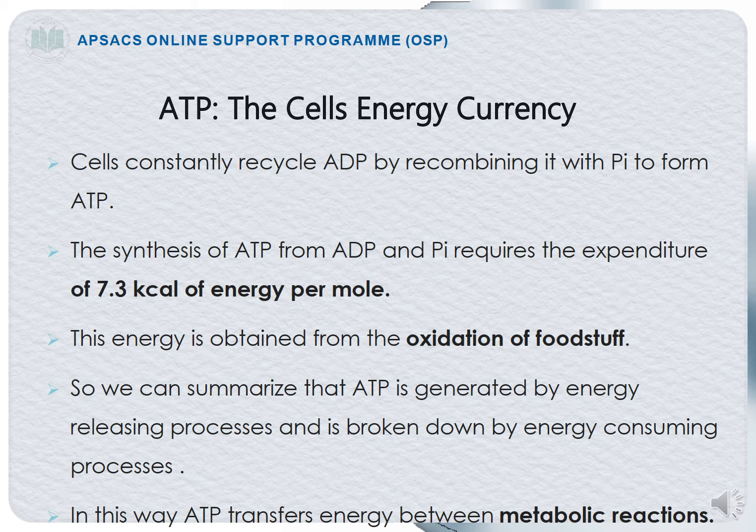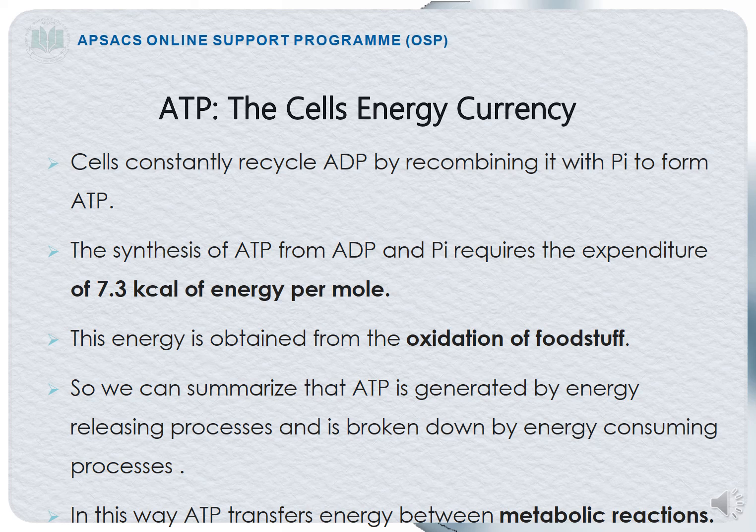The synthesis of ATP from ADP and phosphate requires the expenditure of 7.3 kilocalorie of energy. I have told you earlier that if ADP is forming, AMP is forming, when the bond is broken down, how much energy is released? That is 7.3 kilocalorie of energy per mole released in these processes.